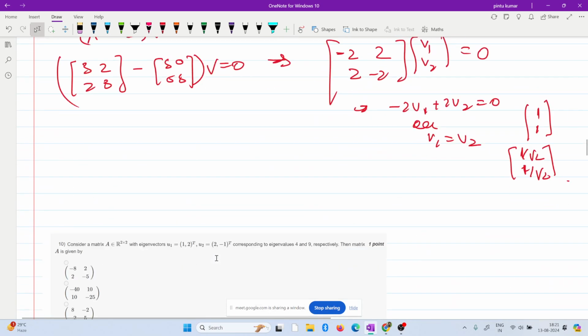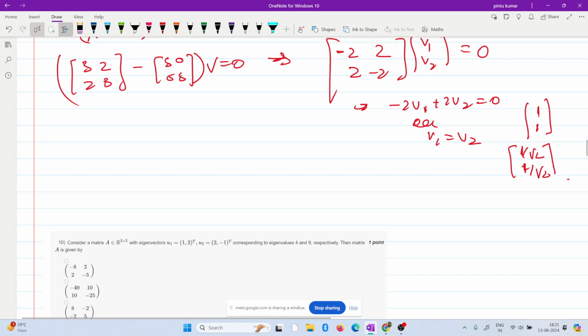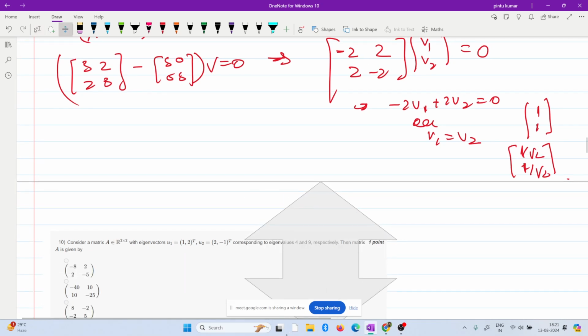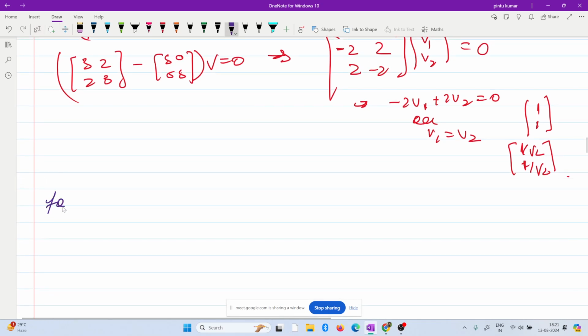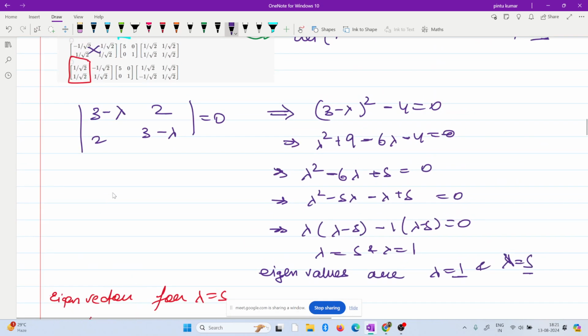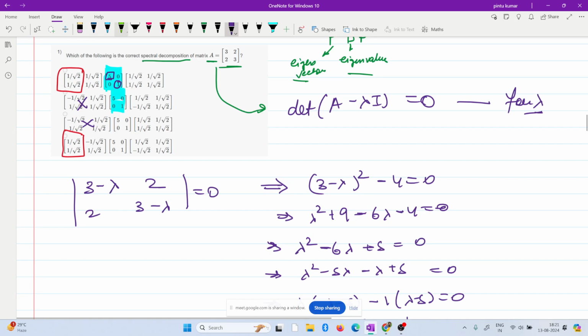Let's find for lambda is equal to 1. Okay, if you carefully look at this first option, this is the eigenvector corresponding to lambda is equal to 5. This is the eigenvector corresponding to lambda is equal to 1, and both are linearly dependent.